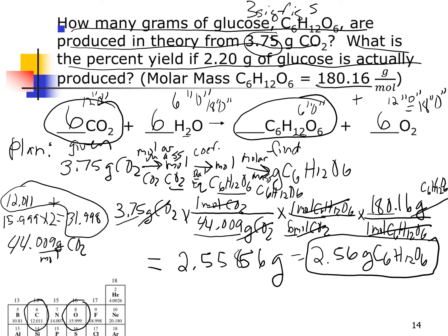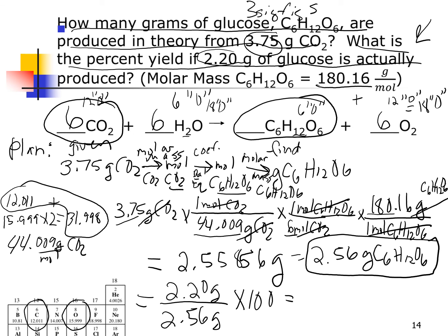The second question is, what is the percent yield if we actually made 2.20 grams of glucose? So then we go to our percent yield formula, which is actual divided by theoretical. So actual is 2.20 grams. Theoretical, we calculated, is 2.56 grams. We're going to multiply by 100.